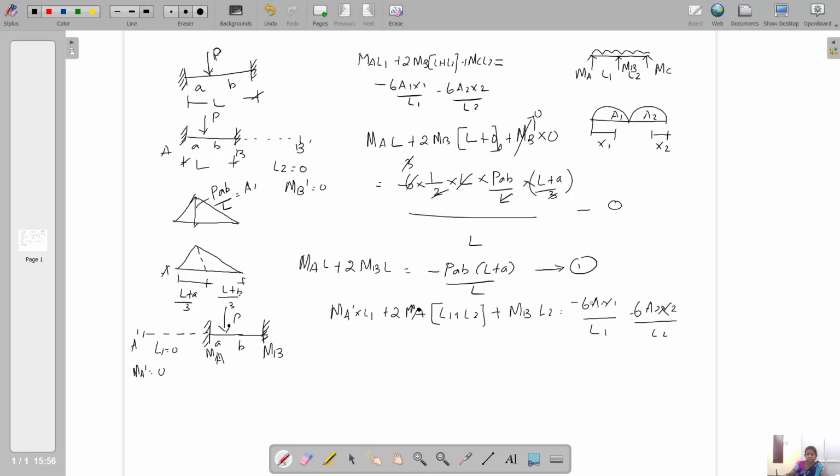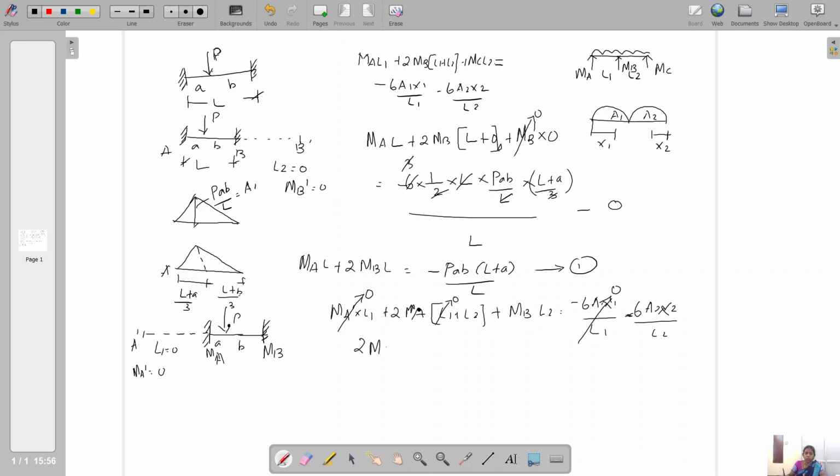This is the general format. Now we can decide which terms get eliminated. We are not considering the span L1 because it is an imaginary span, so this term will be eliminated. Moment at A dash is also 0 and there is no span L1, so this term is also eliminated. And here L1 is 0, so this term is eliminated.